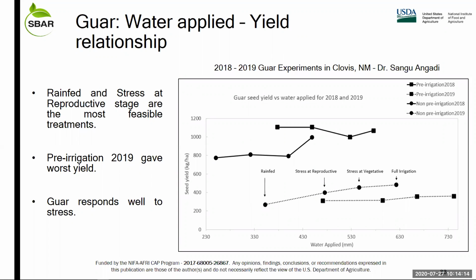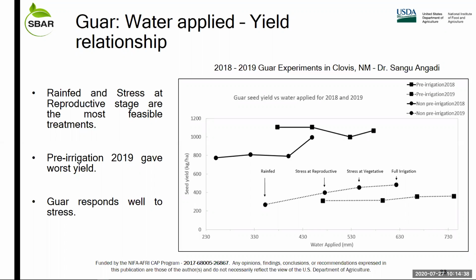Just to tell you, the leftmost point is the rain-fed treatment where no irrigation was given, and the extreme right is the full irrigation treatment. The black line is 2018. The dotted lines are from the 2019 experiment.